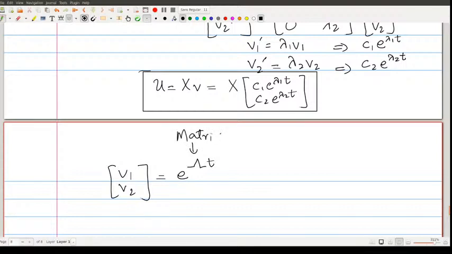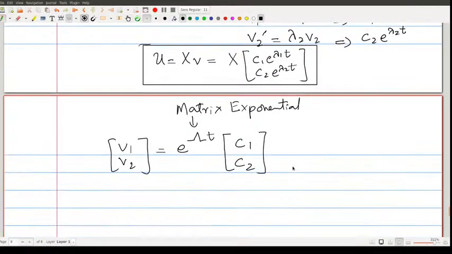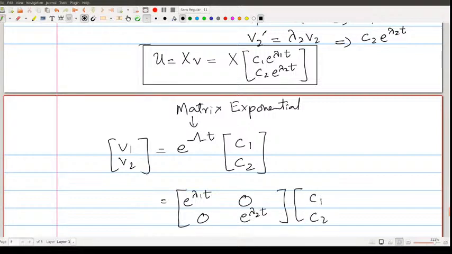This is not just a number, this is called a matrix exponential. And we just put the entries c1, c2 here. What I mean by e to the lambda t is simply e to the lambda1 t and e to the lambda2 t. So that's my c1, c2, and that's v1, v2.